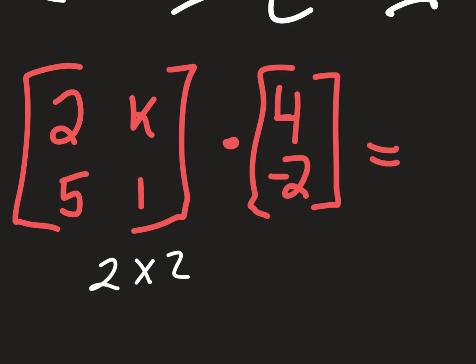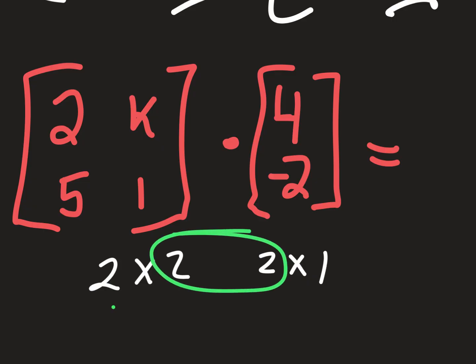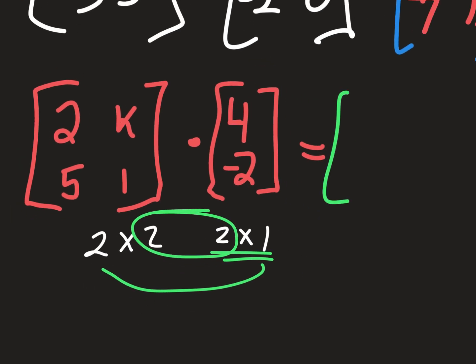So Cameron, what is that 4, -2 matrix? It's 2 by 1. So does it work? Yeah. And if it does work, then the outside ones tell you it's a 2 by 1, and we already know what that looks like. It looks like that. So cool. I have two little Easter eggs there, and they're going to hold my answers.